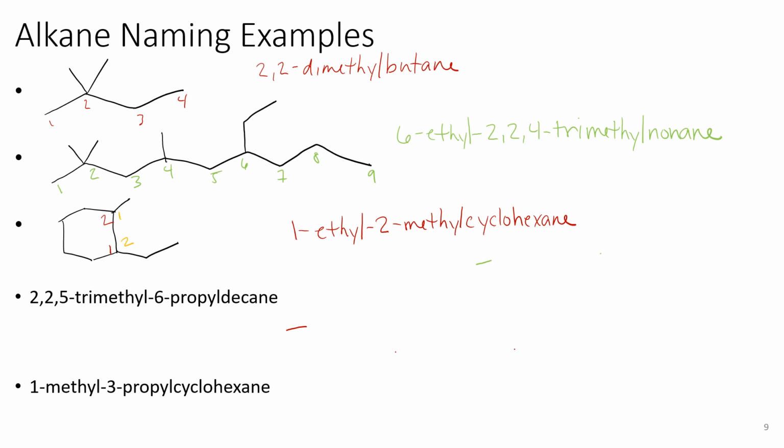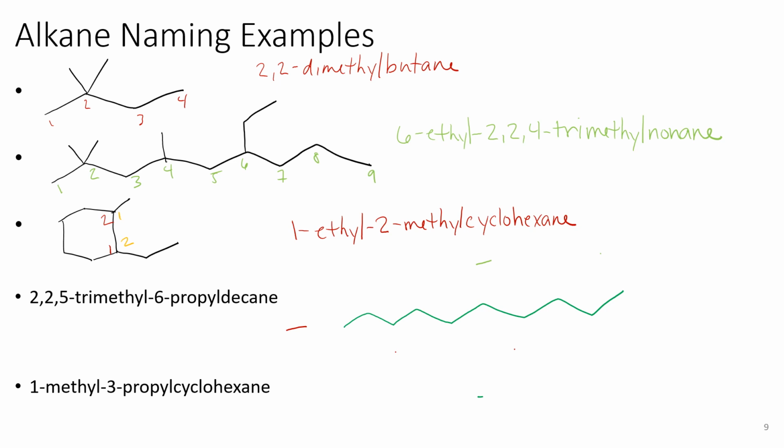So for 2,2,5-trimethyl 6-propyldecane, drawing is usually a little bit easier than naming because the structure is your own. This is where it's even easier to start at the right and move to the left. So I know it is a decane. Decane means 10, so I have 10 carbon atoms. And then I'm going to pick whichever side I want to number from.